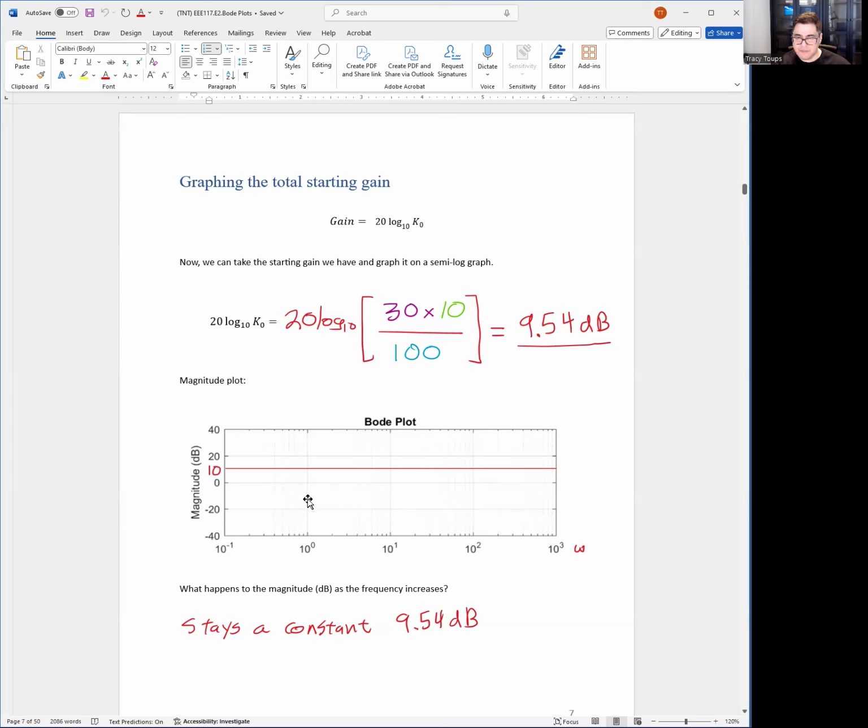The next major point, 10 to the 0, is 1. The next major point is 10 to the 1, which is 10. The next major point is 100, and then 10 to the 3 is 1,000. So we're literally going 0.1, 1, 10, 100, 1,000, 10,000, 100,000. Every major new point in the graph, you're adding a 0 to it.